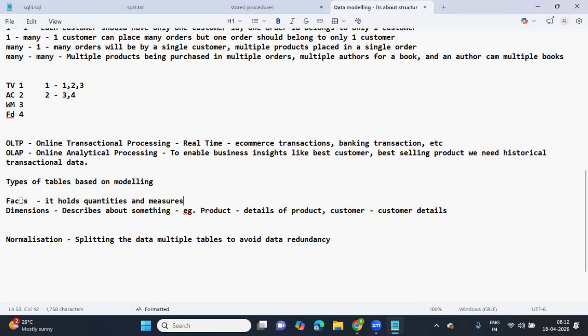That order will be stored in the fact table. That order will have an amount, how much you have spent on that order and how many units you have purchased. All of those details will be available in the fact table. Orders, number of products, price, all of that comes into the facts.